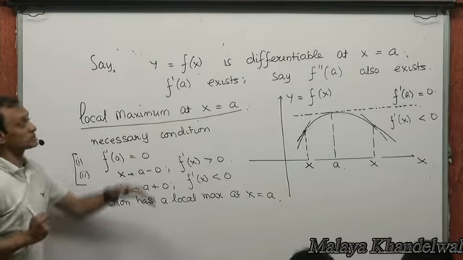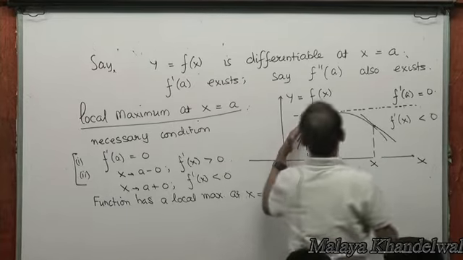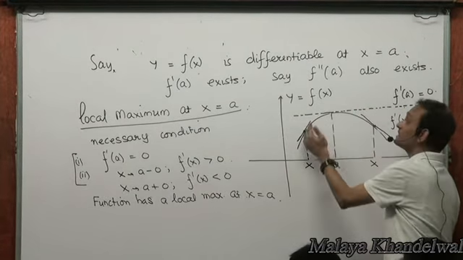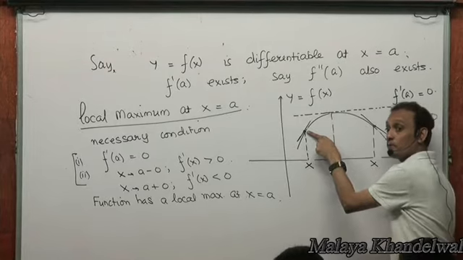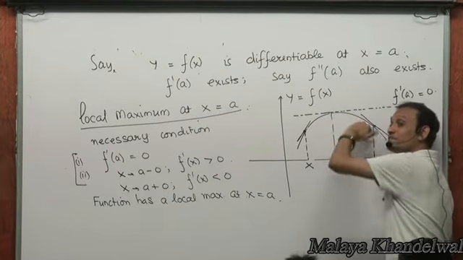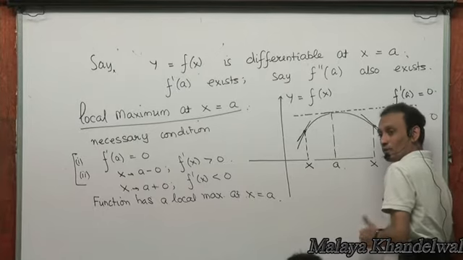Also in the process, do you realize that f dash x is a decreasing function? f dash x changes from positive to 0 to negative values around x equal to a. f dash x must be decreasing, yes or no?